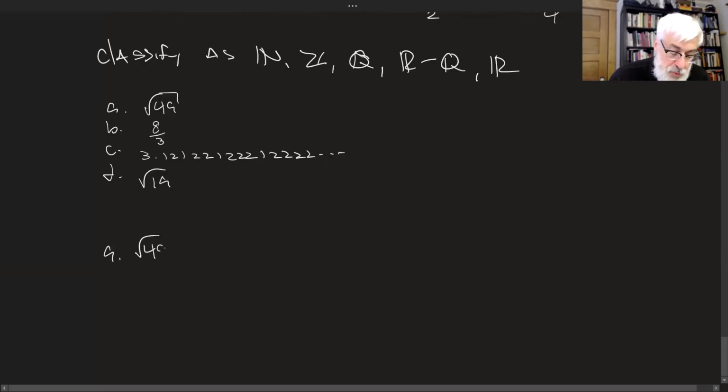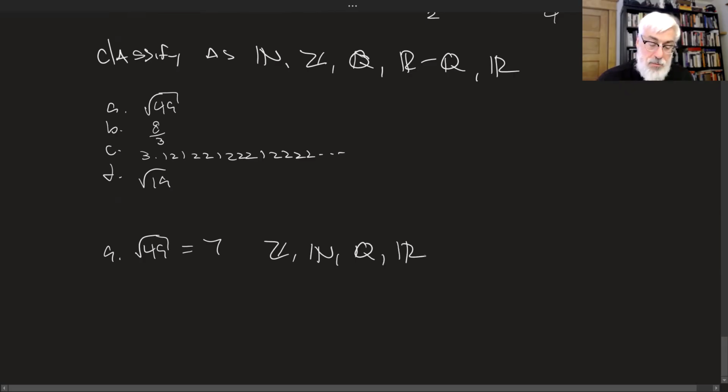The square root of 49 can be evaluated. That's 7. Well, that's an integer, a natural number, a rational number, and a real number. Technically, it's a whole number too, but that wasn't one of our choices.